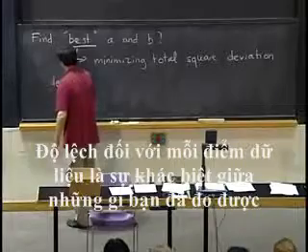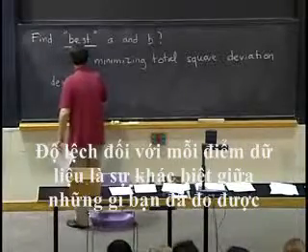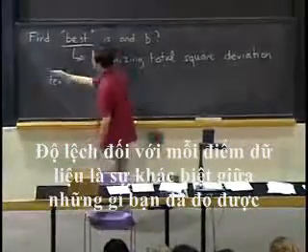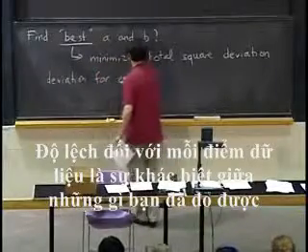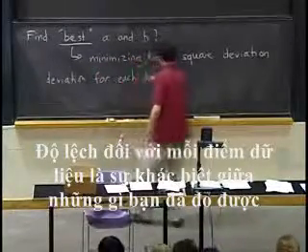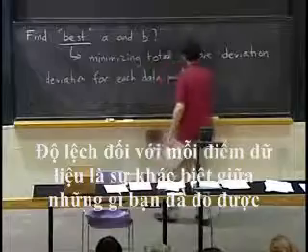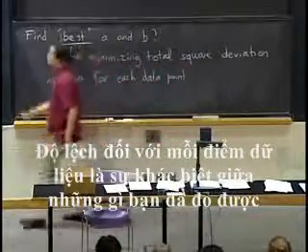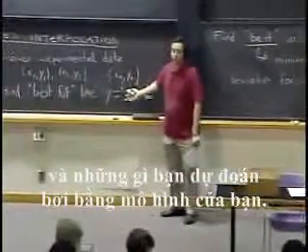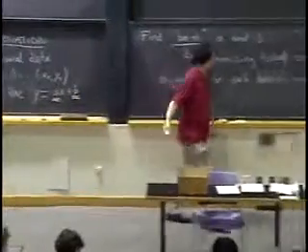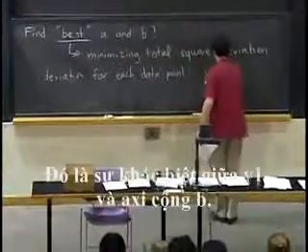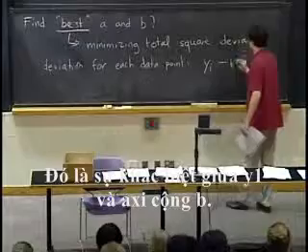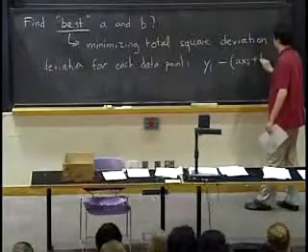The deviation for each data point is the difference between what you have measured and what you are predicting by your model. So that's the difference between yi and axi plus b.